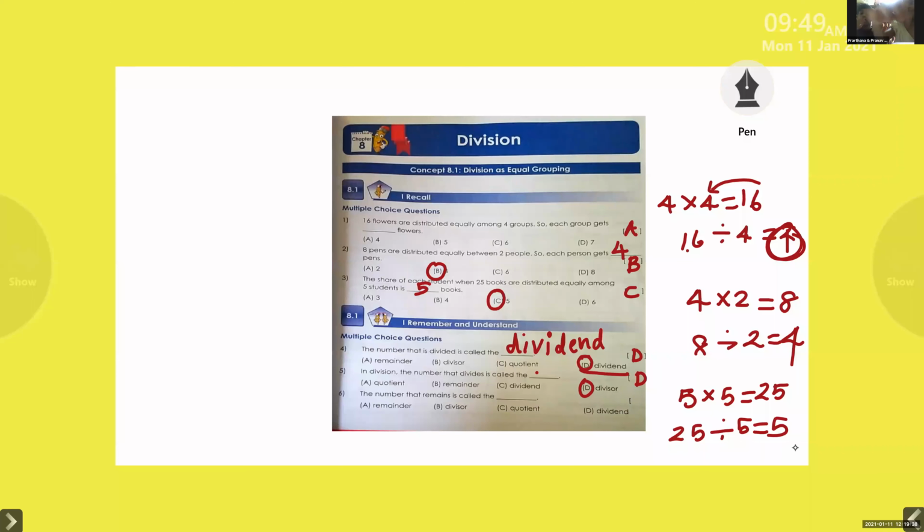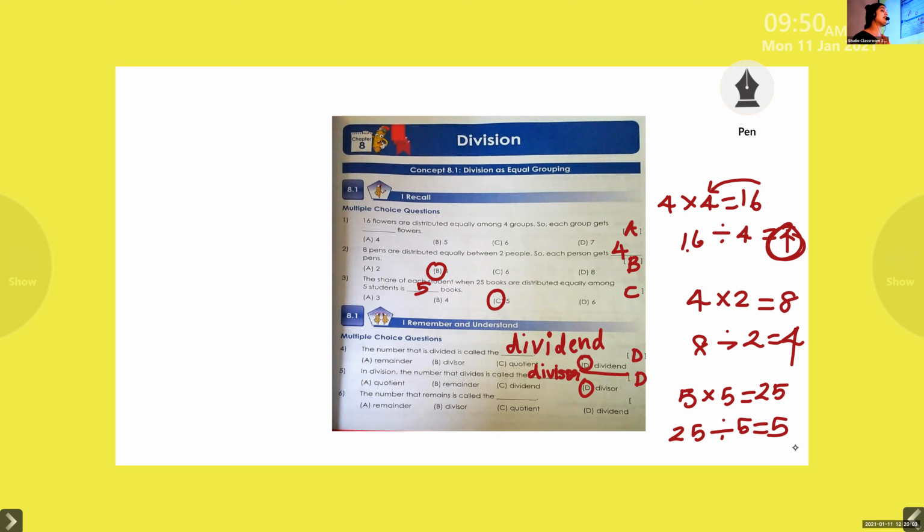Now, next question to Janvi. Next question. The number that remains is called the... After division, after subtraction, we will get one number. For that, what will we call it? Usually here we are getting 0. Or quotient?